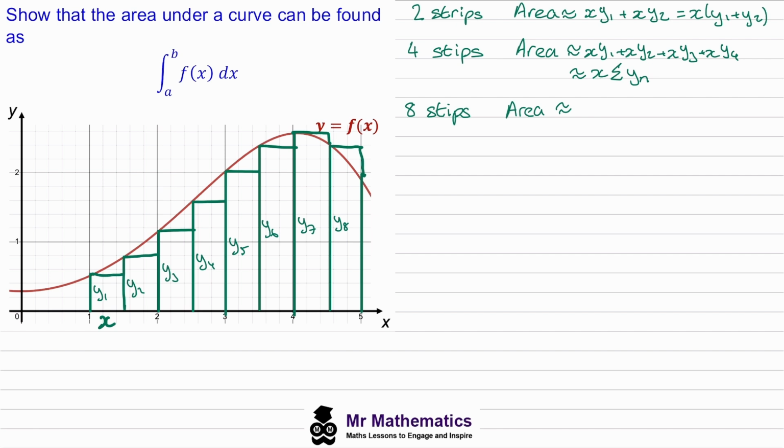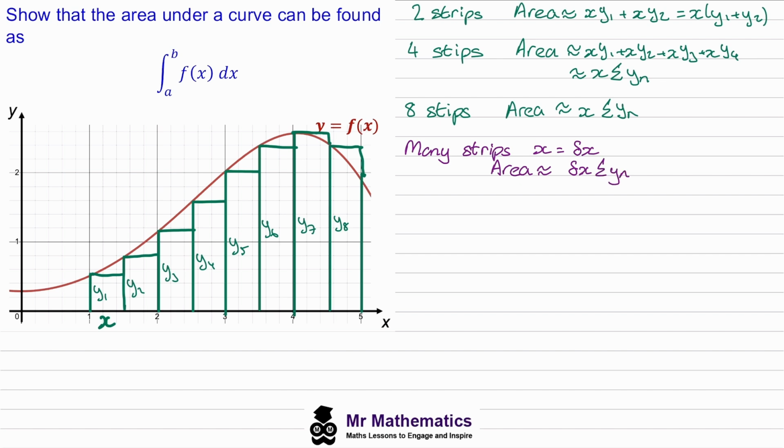We'll have the length x multiplied by the sum of the individual heights. And if we were to have many strips, then the length of x must be very small, and we call this delta x. And this would approximate the area under the curve as delta x multiplied by the sum of the individual strips.